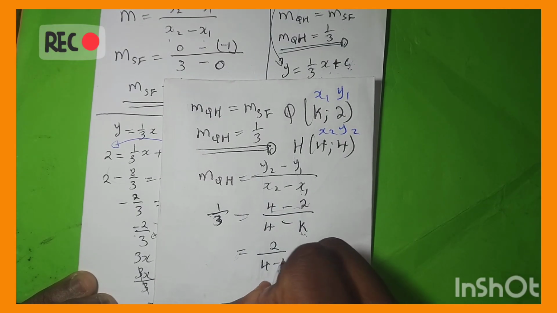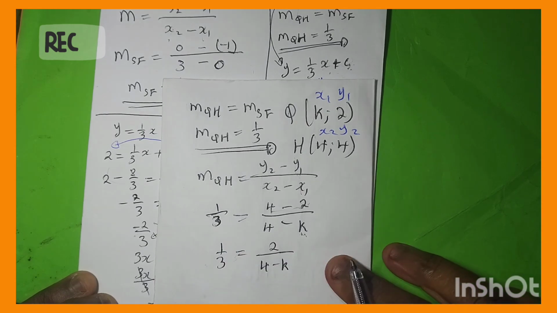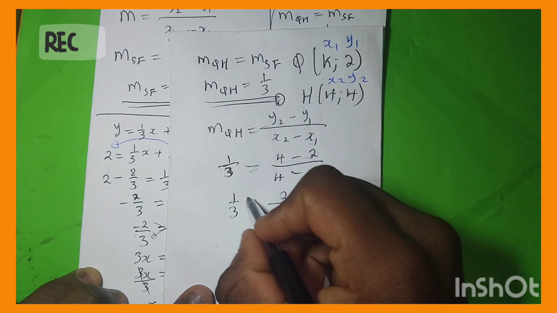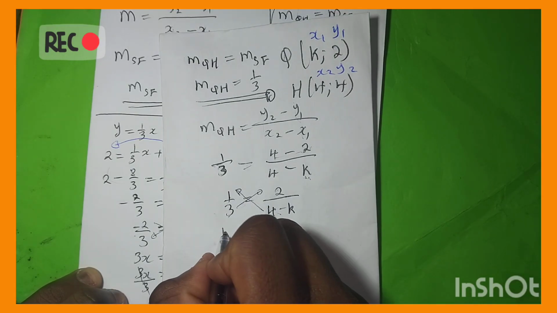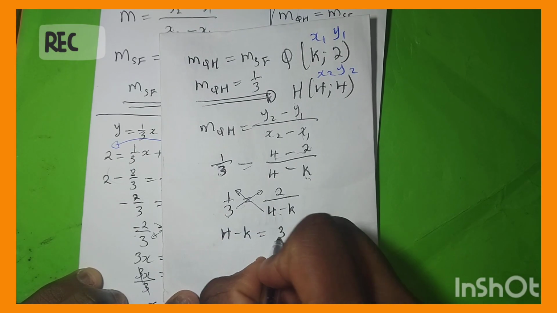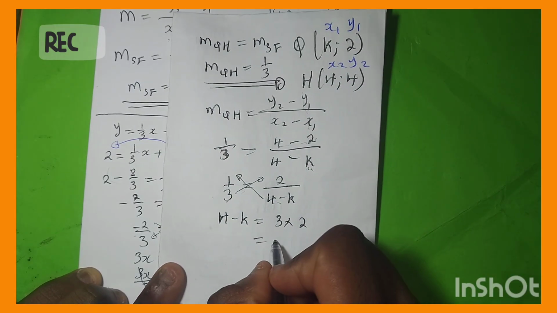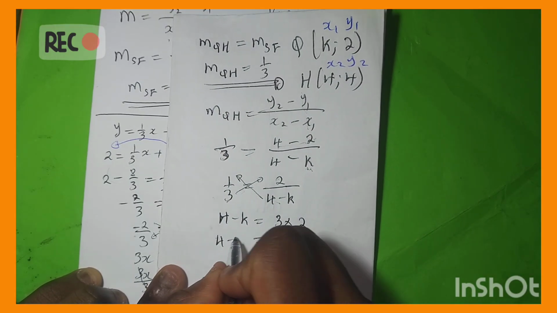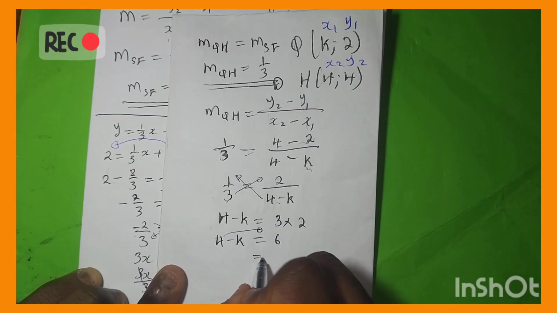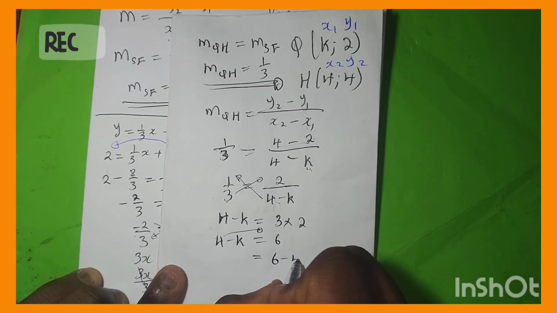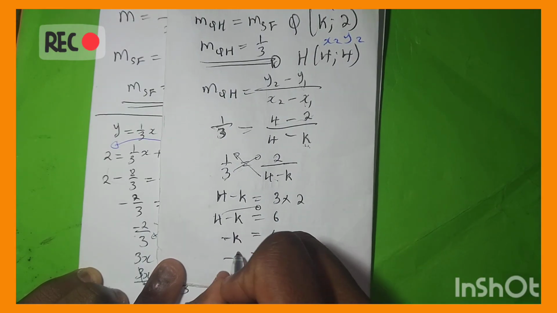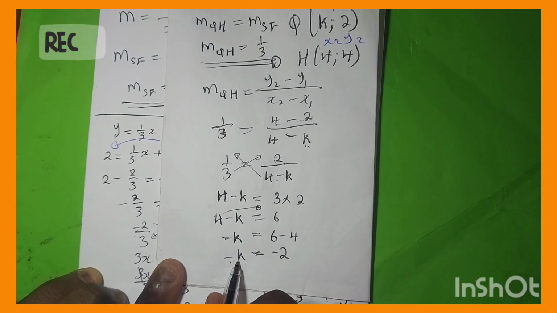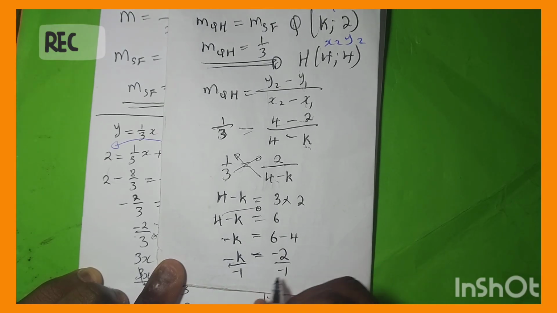When I press the calculator, 2 minus 4 gives me minus 2, and it is divided by k minus 4, equal to 1 over 3. Now I can cross multiply: this multiplied here gives minus 6, and here it's 4 minus k. Take that to the other side. What is in front of the k, I divide by it, meaning I divide by -1 so that it cancels.